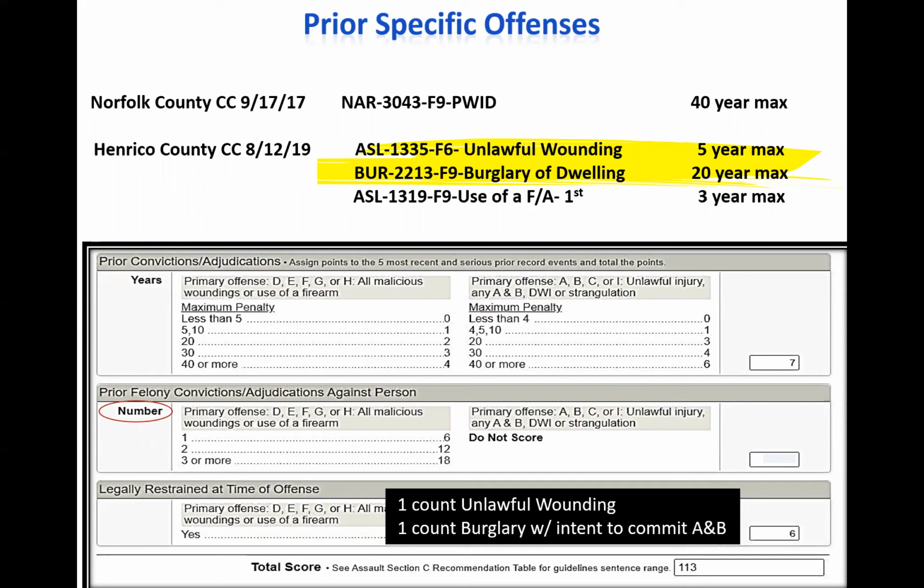So we have 1 count of assault and battery, unlawful wounding, and 1 count of burglary with the intent to commit assault and battery, for a total of 2 counts. The defendant will pick up 12 points for this factor. Just remember, anytime you see number, this is inclusive of all of the counts from the defendant's complete criminal history.